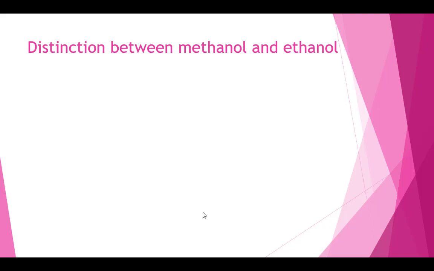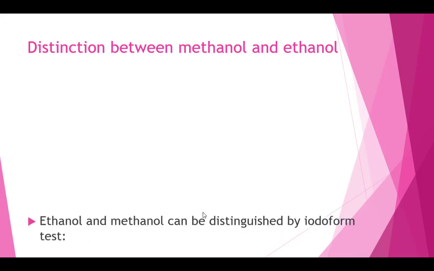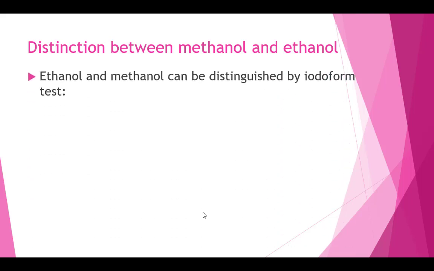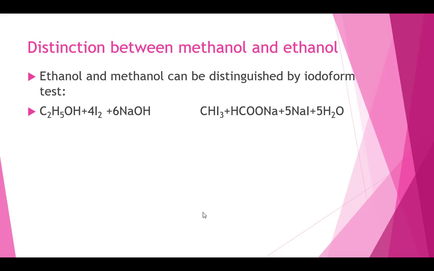How can we differentiate between methanol and ethanol? There is a method to differentiate between methanol and ethanol. Ethanol and methanol can be distinguished by a test that is called the iodoform test.